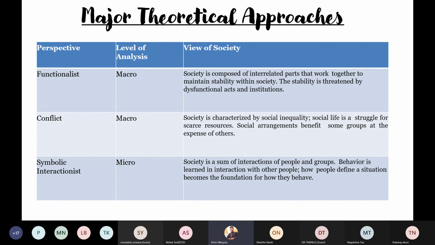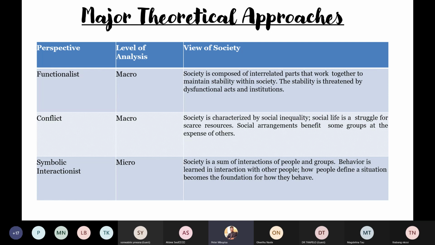And then the last one is in the micro sense, the small perspective. Remember, we said on that part, we look at individual to individual relations. And the view that we use for this one is called the symbolic interactionism perspective. It's of the view that society is a sum of interactions of people and groups.